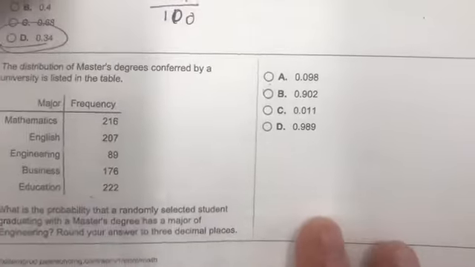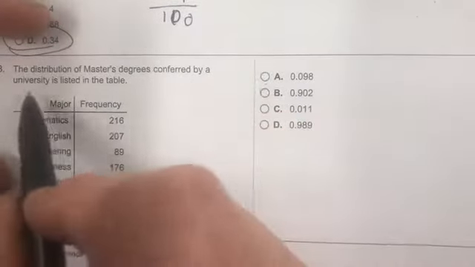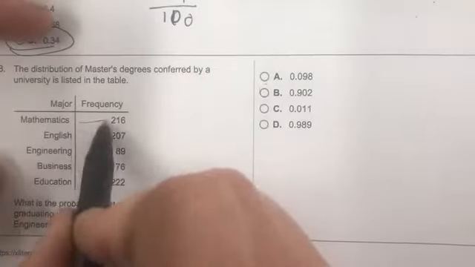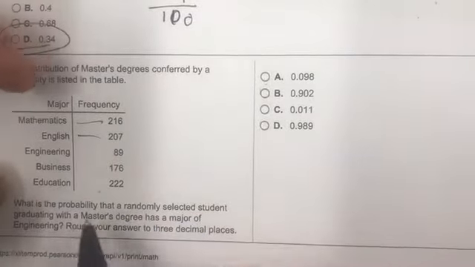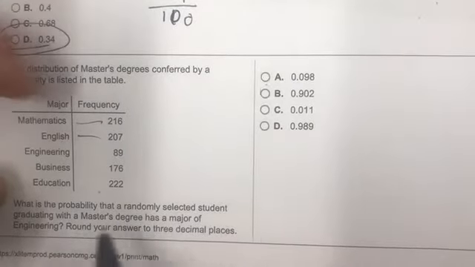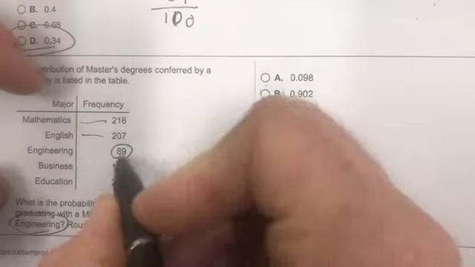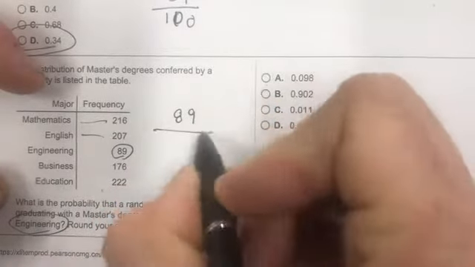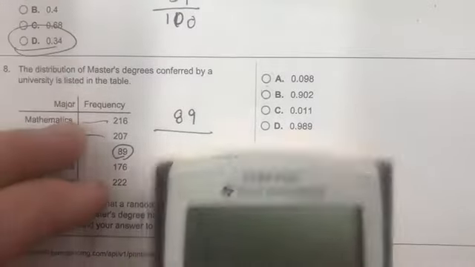All right, number 8. The distribution of master's degrees conferred by universities is listed on the table. So you have 216 mathematics, 207 English, and so on. What's the probability that a randomly selected student graduating with a master's degree has a major of engineering? Well, there's 89 engineering, so that's what's desired for this problem. And then we add all these up for total. Let me punch this in real quick.